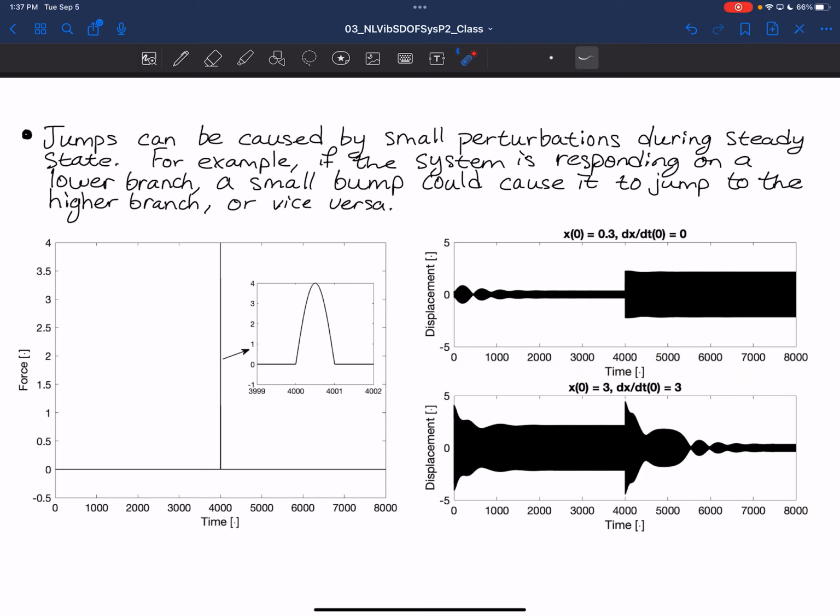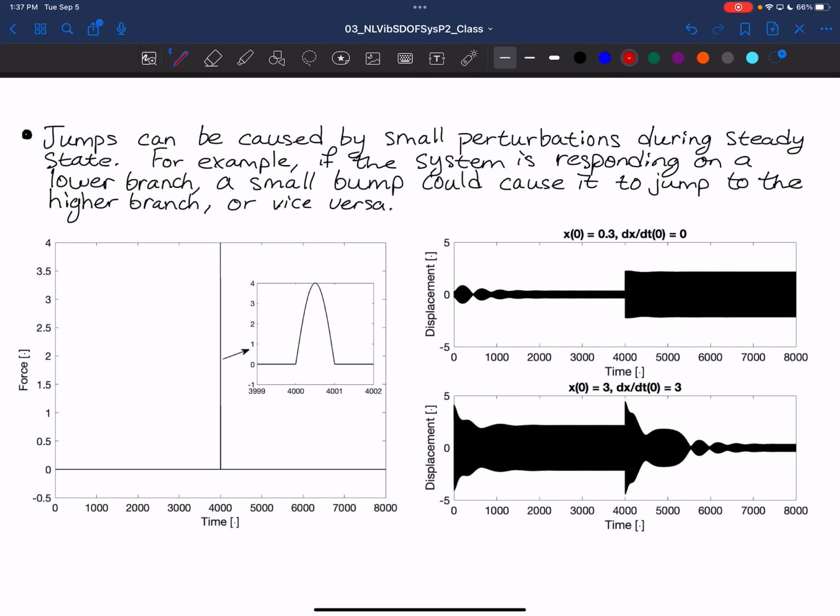So it depends on what the system is doing at the particular time that you apply that amplitude. I didn't want to investigate, so I went back to 8,000. But you could investigate these kinds of things. So there's still no guarantee that you'll jump as well.